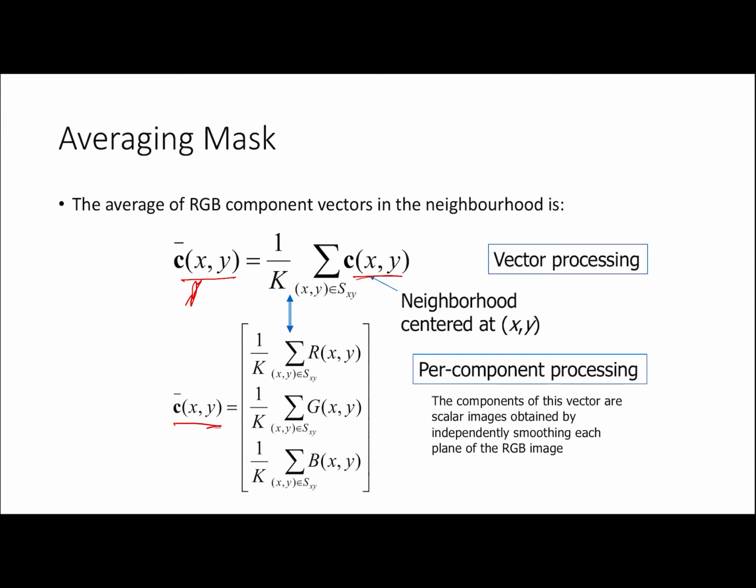These will be red, green and blue components, and this averaging has to be done for all locations in the neighborhood of point xy.